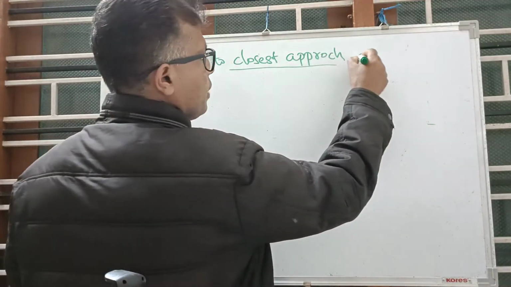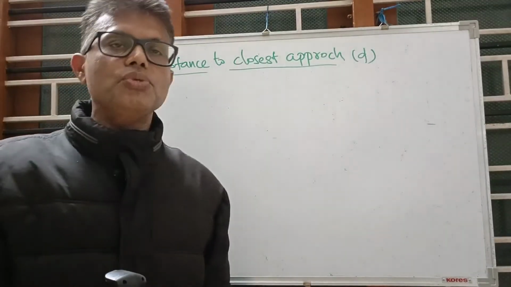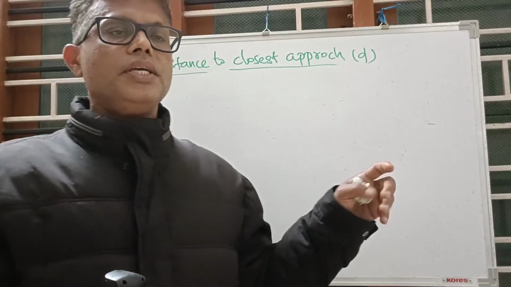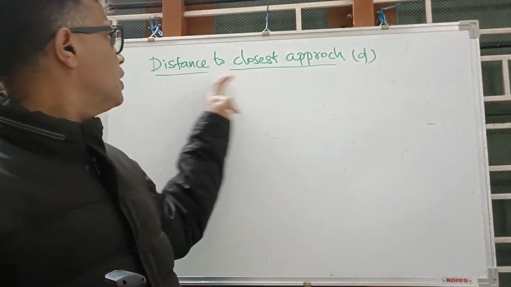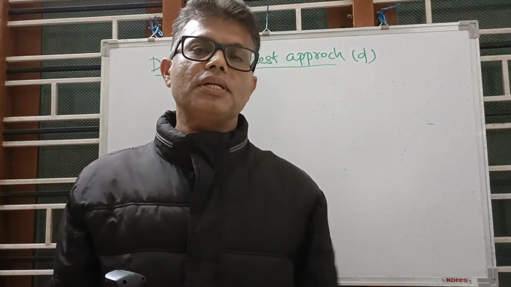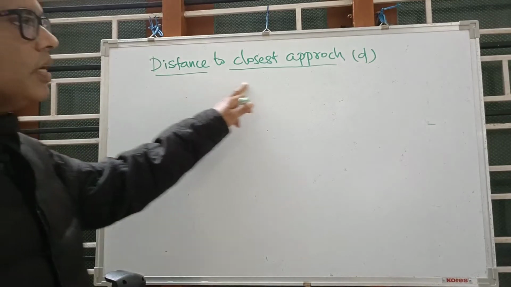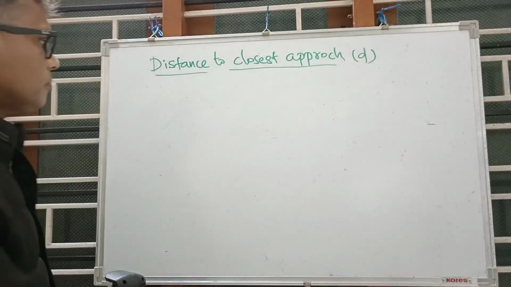This one is denoted by d. So we will make sure that after this class you are not confused about the distance of closest approach as well as the impact parameter. I will make sure that you get clear. Okay, so distance of the closest approach.